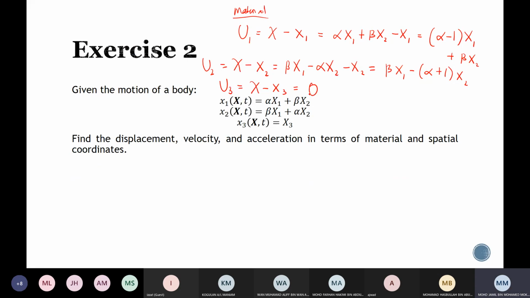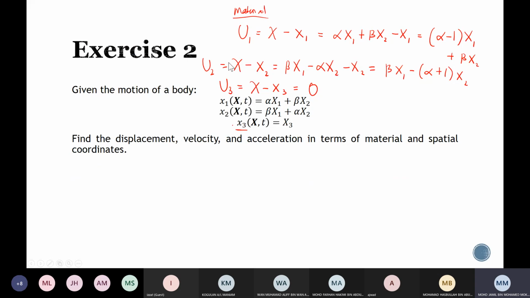So you get 0 displacement. Okay, that's right, because point 3 here is fixed at its original position. It doesn't change position. So the displacement is 0. The displacement of the point at the third coordinate is 0, it's fixed. But the displacement for the remaining 1 and 2, it has displacement.